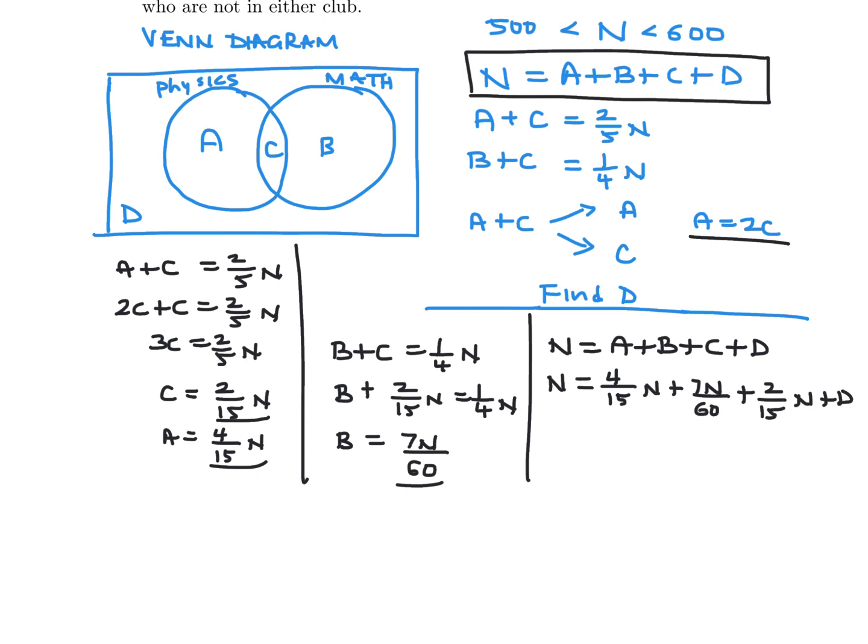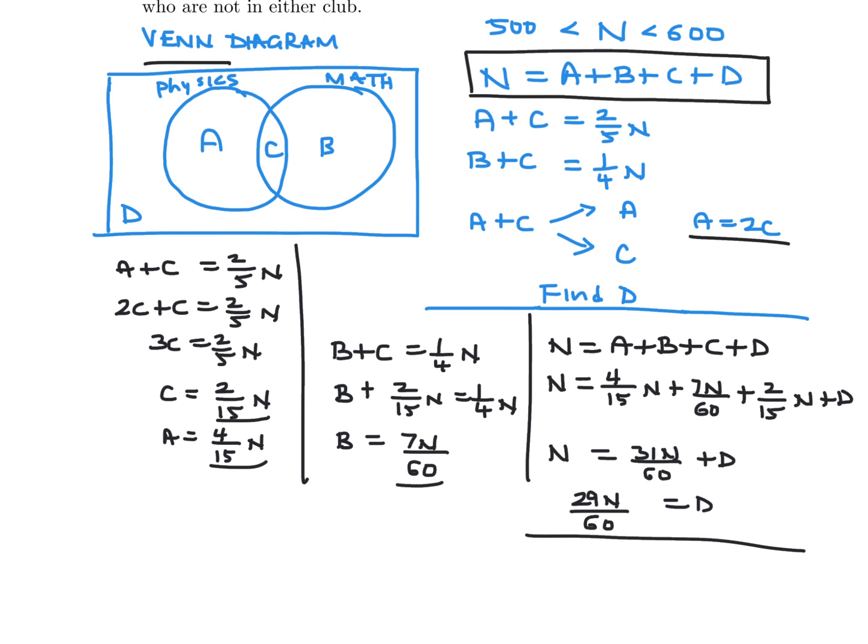All right. And then when we crunch out all those numbers, we get N is equal to 31N/60 plus D. And then finally, when you solve for D, you'll get 29N/60. Okay. So that's great. That worked out very nicely. The Venn diagram helped very much.